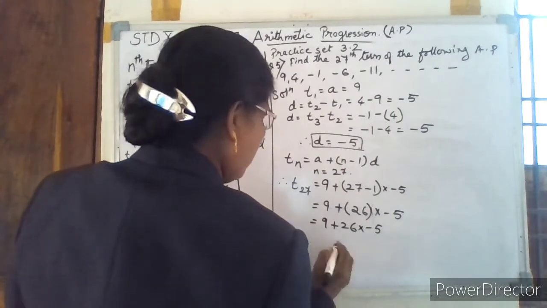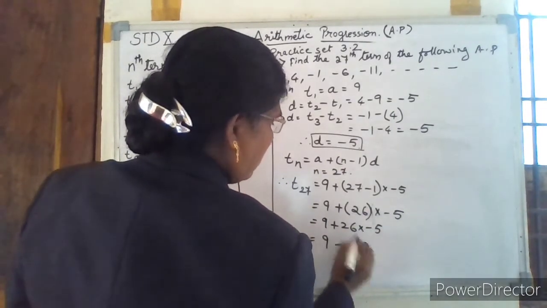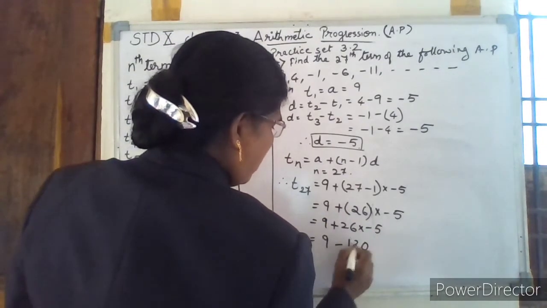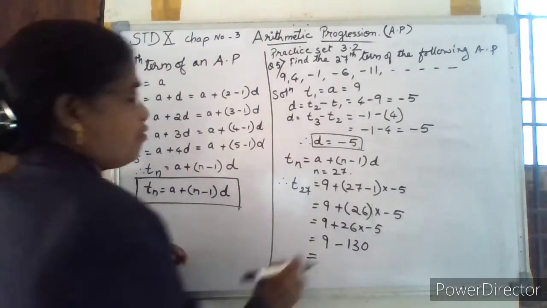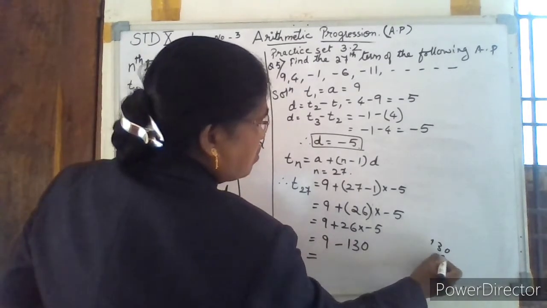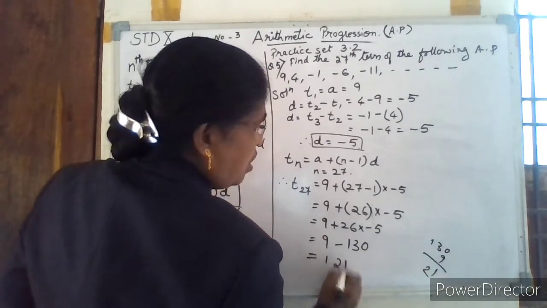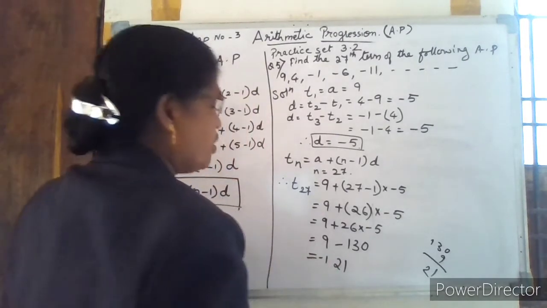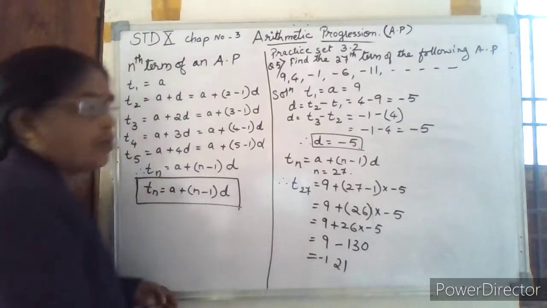Plus into minus is minus, so 9 minus. 5 times 6 is 30, carry 3. 5 times 2 is 10, 10 plus 3 is 13, so 130. Therefore, when both numbers have different signs, subtract and put the sign of the greater number. So 130 minus 9 will give you 121, but with the sign of the greater number, minus. So it is minus 121. This is the solution.